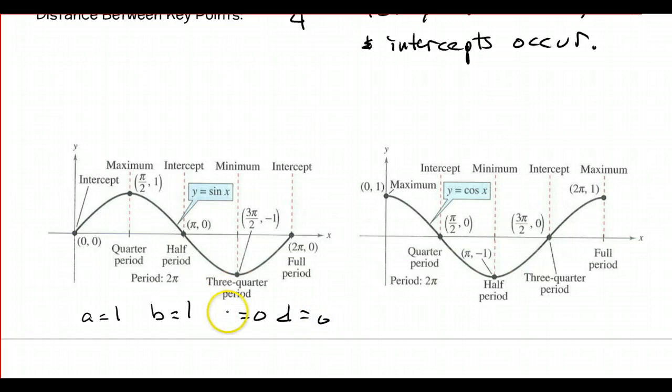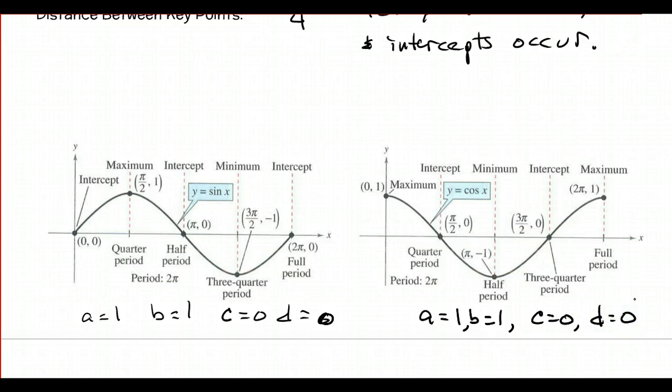And then we have the same thing over here. A is 1, B is 1, C is 0, D is 0. And we can see it goes to 2 pi. Over here, it also goes to 2 pi.